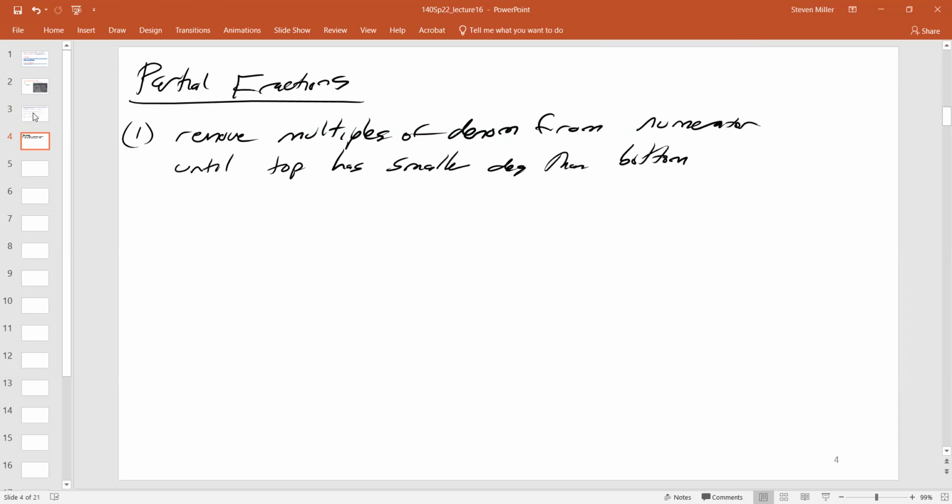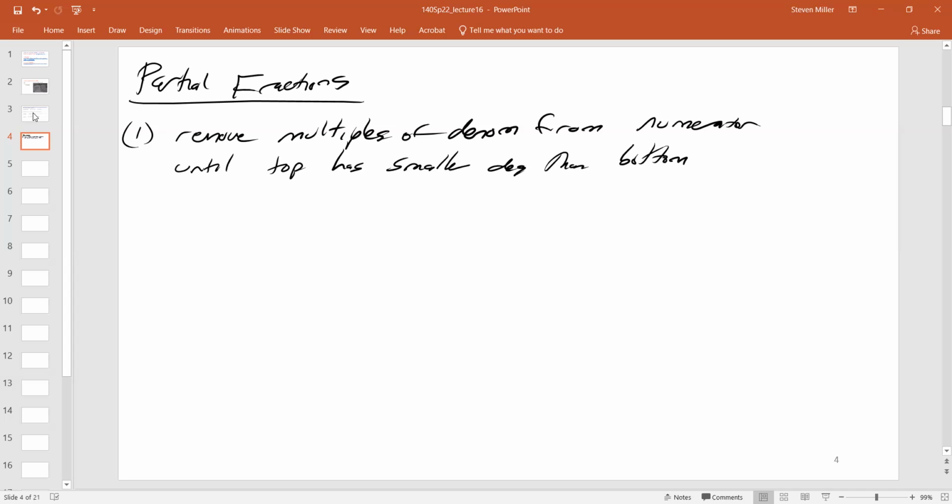So again, if we have a degree 4 polynomial down below and a degree 8 polynomial above, we can use polynomial long division as much as we love it, and you remove some multiple of the denominator from the numerator and then look at the remainder.